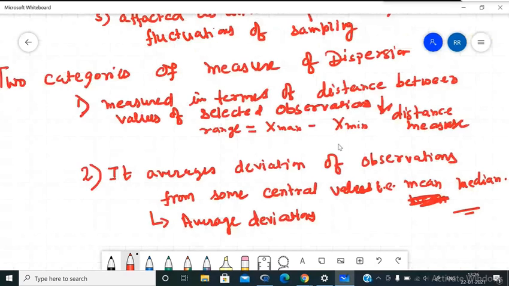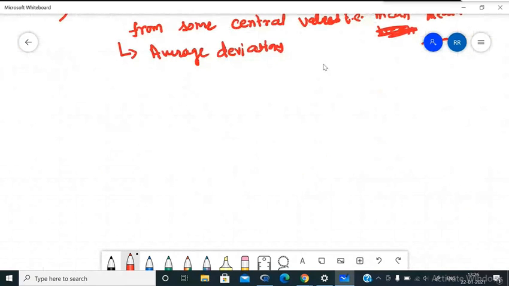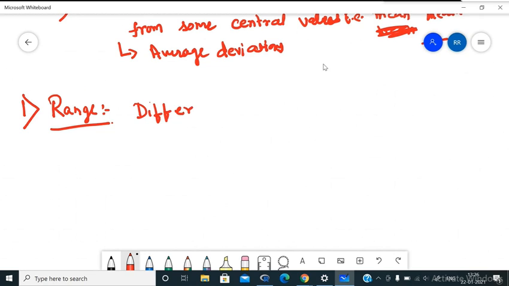Now let us start with the measures of dispersion. The first and simplest one is range. It is the difference between two extreme observations.